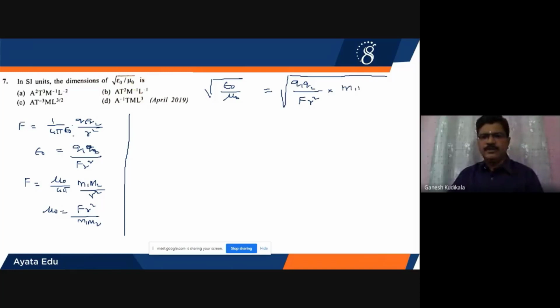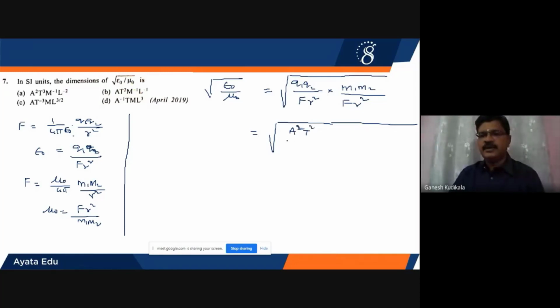You will get here now M1 M2 divided by F into R square. So therefore let us substitute now. It is under root of, because finally he wants the answer in terms of M L T only. Charges cannot be written dimensionally. Charge will be given by current into time, therefore it is A square into T square.